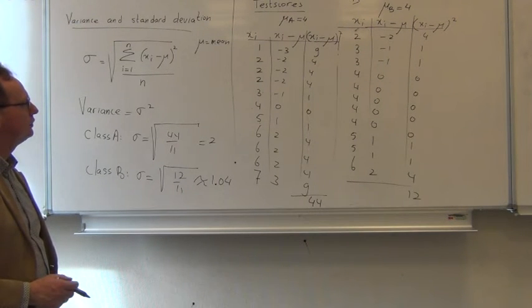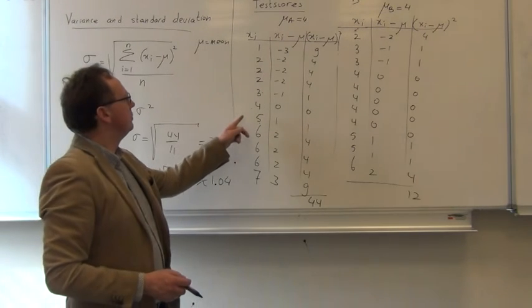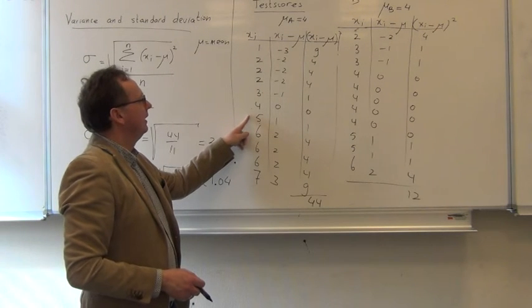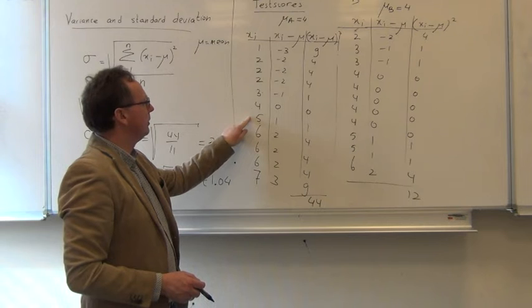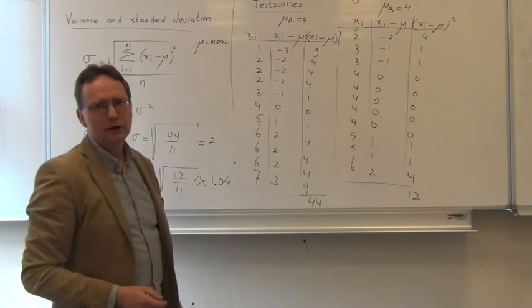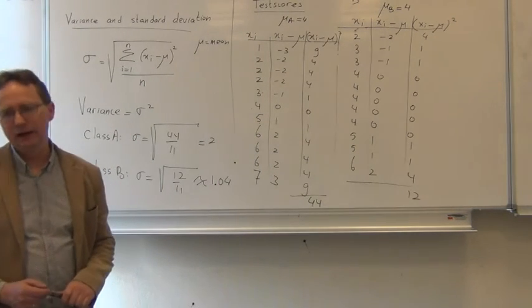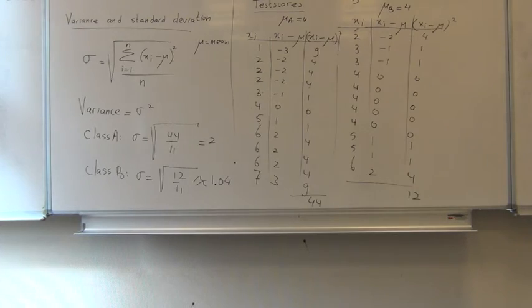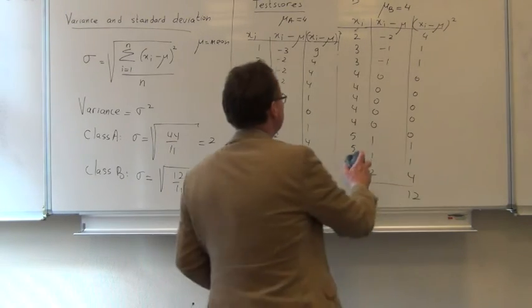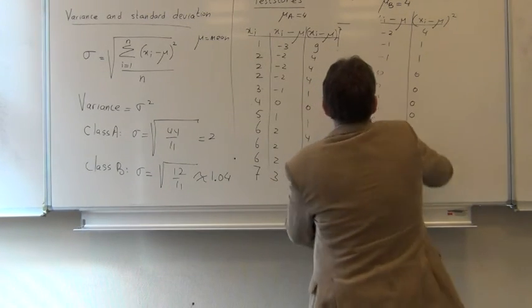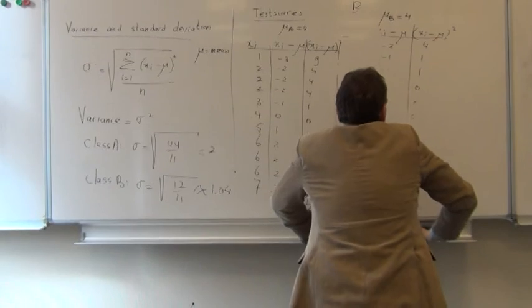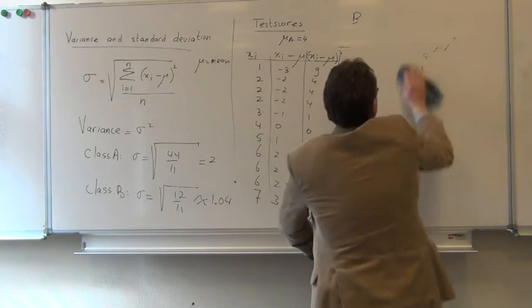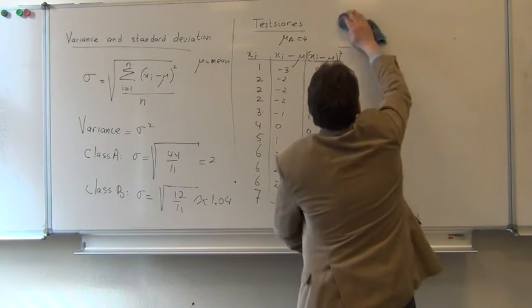Okay, just a few remarks here. If you focus on class A, it's also possible to write down the table using frequencies. And I'd just like to see what happens then. And that also means a small adjustment in the formula.